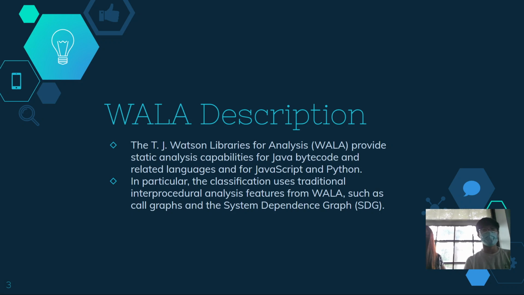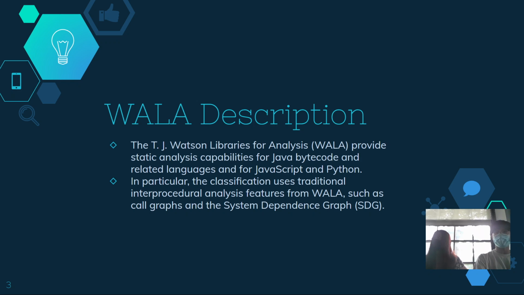So what is Walla? Walla is short for the TJ Watson Libraries for Analysis, which essentially is an IBM project that is meant to analyze Java, JavaScript, and Python programs and try and figure out what the program does or what the code does.